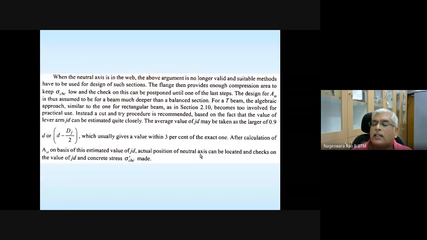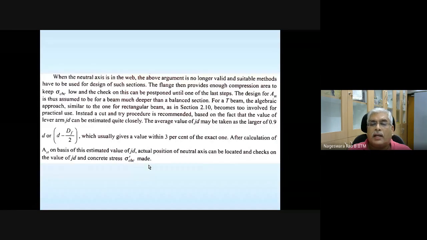Then the area of steel can be calculated again, and we check whether the area of steel calculated with the exact neutral axis depth matches this value. We are also going to see the checks on the concrete compressive stress and other things. So let's go through a problem step by step, then you will understand better how to design a T section.